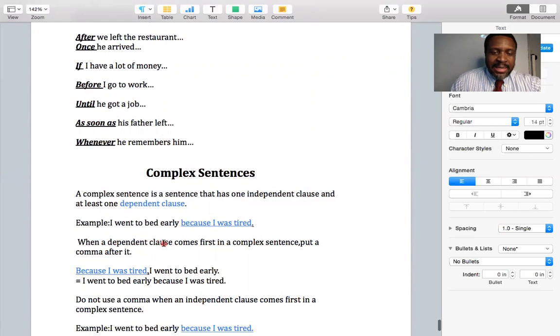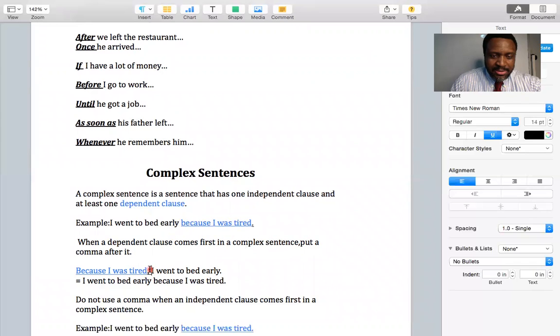When a dependent clause comes first in a complex sentence, put a comma after it. That is what I did here. Because I was tired, comma.